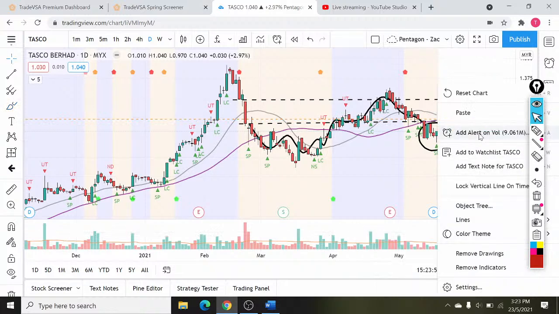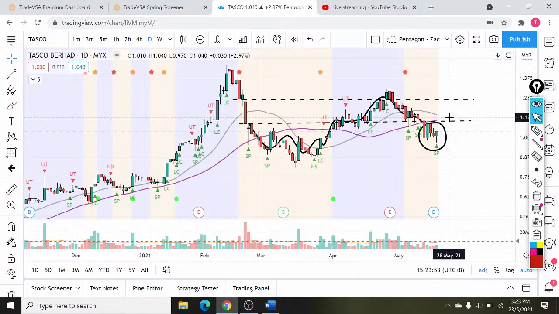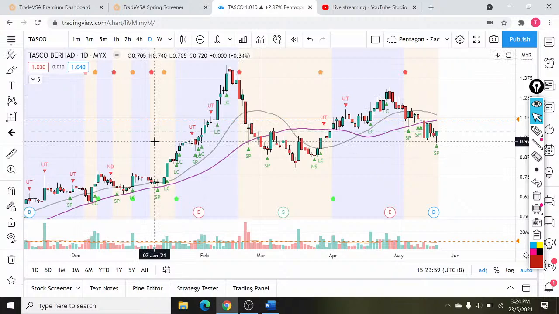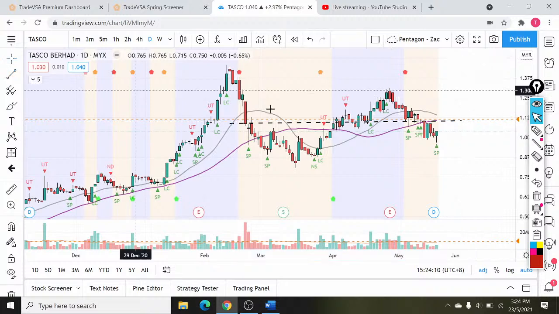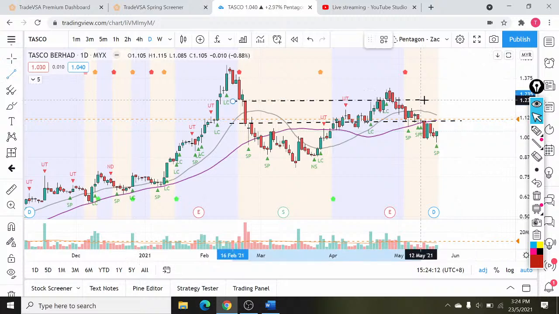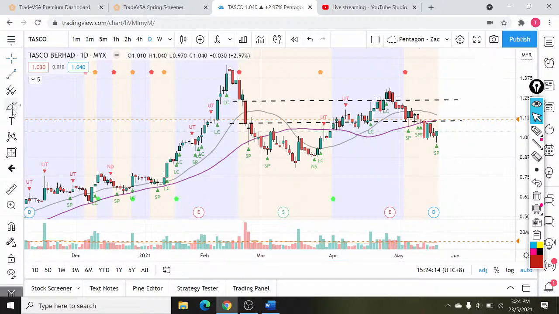Let's say they go back to this area with high volumes, then probably I'll look for my chance to re-enter again. So again I repeat, if you don't know how to look for support and resistance, this is the area that you want to look at. You just go to the high volume bars and draw the line first. Then you will slowly study what actually happens around the areas.